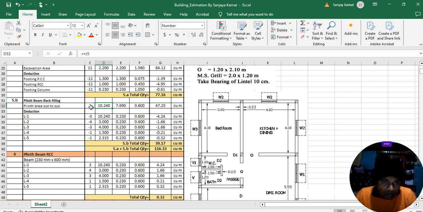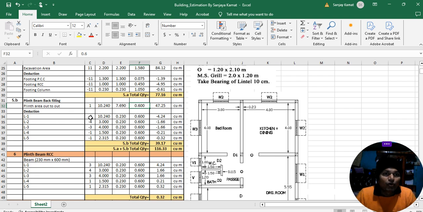The number is only one, because for the remaining part we will not do the concreting work. So for this, take the length 10.240 meter, then breadth will be 7.690 meter, and then depth 0.600 meter.